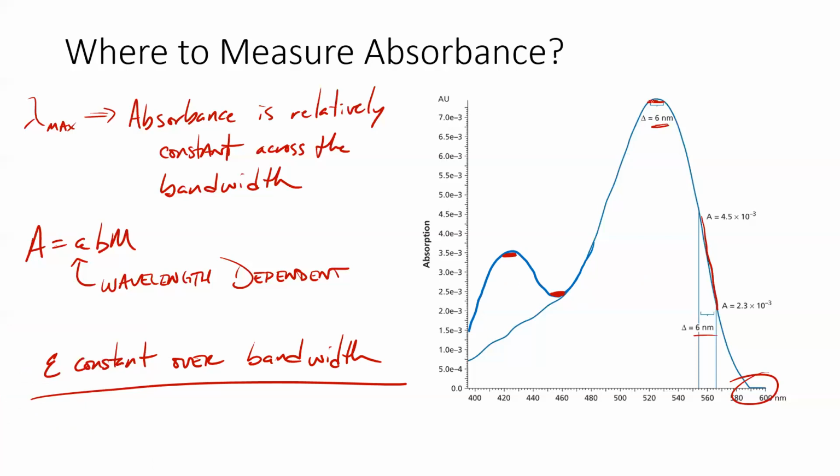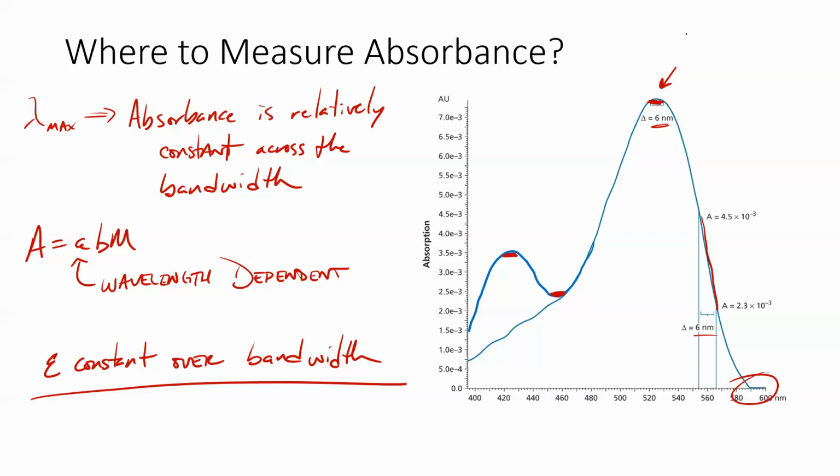Because we have these 3 regions where absorbance, therefore epsilon, stays relatively constant, how do we choose which one? Why would we choose this over the other 2? Is it because it has the highest absorbance? Absolutely. The highest absorbance means that we're going to see the most change with concentration, right? It also means the shortest linear range.